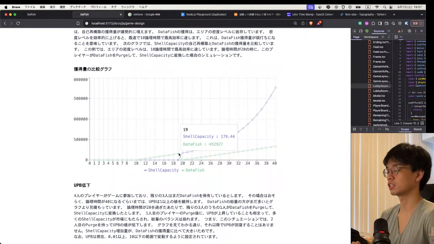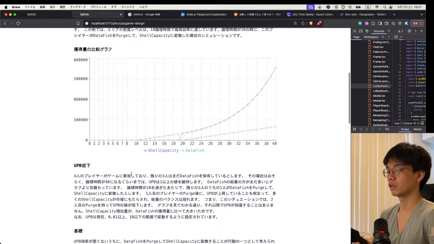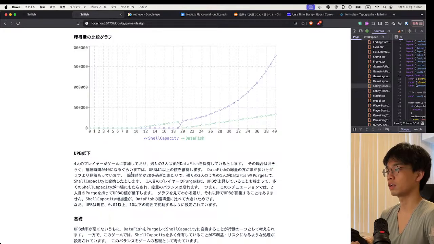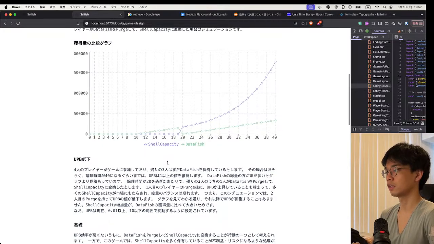The player exchanges the data fish to shell capacity at 20 logical time, and there are 3 remaining players, and they still have data fish.